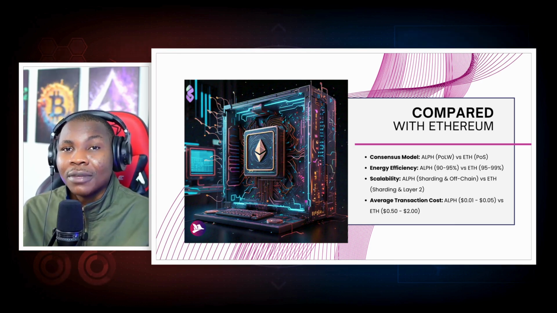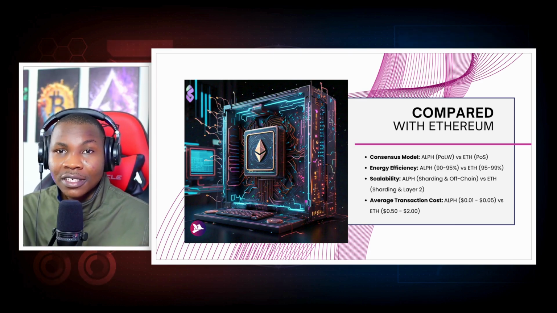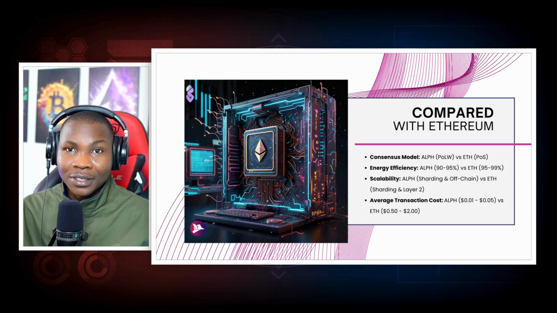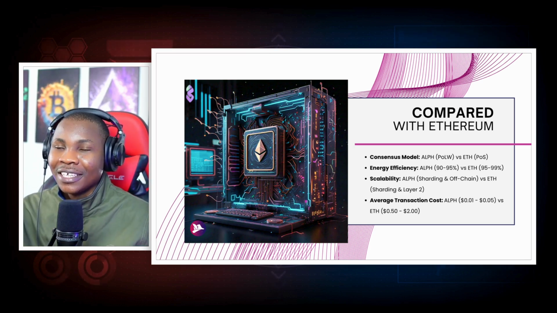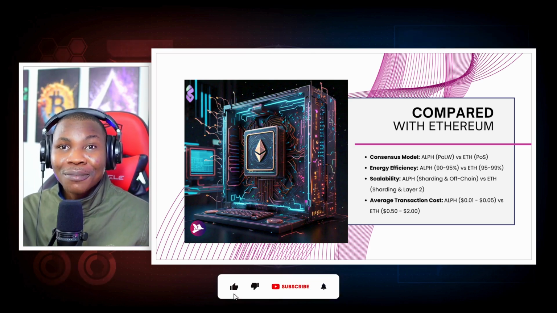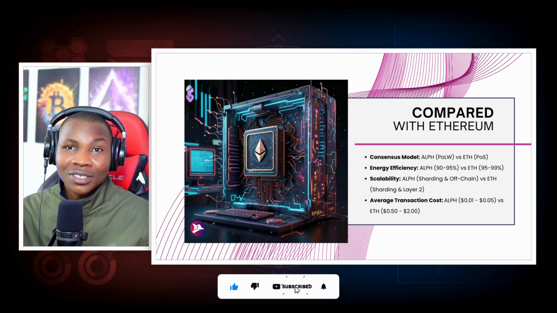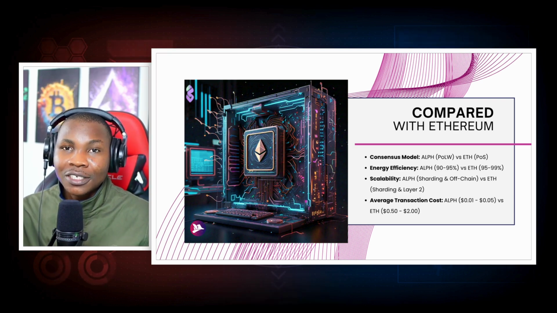Alephium has about 90 to 95% energy cut down rate compared to Bitcoin. Bitcoin basically is like a standard now. It's more like a plumb line for energy usage, because Bitcoin is just crazy in the energy consumption that it does, using proof of work.